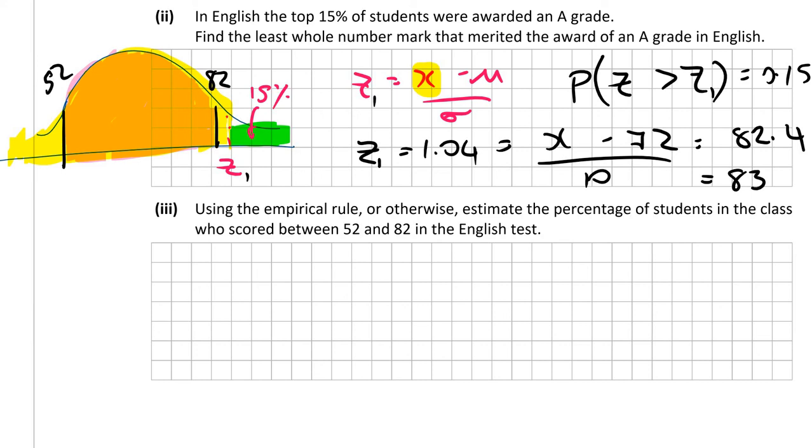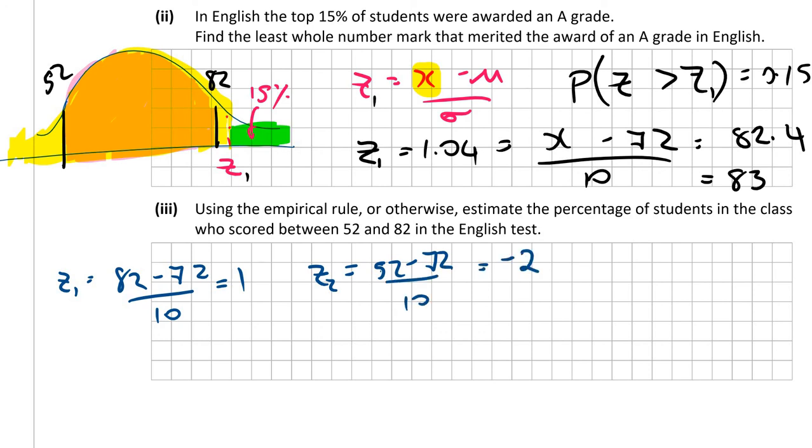So we're going to say z1 is equal to 82 minus 72 over 10. So 10 over 10, which is 1. And z2 is 52 minus 72 over 10. That is minus 2. So essentially, if that's minus 2 as a z-score and that's 1 as a z-score, we're looking for the area between minus 2 and 1.